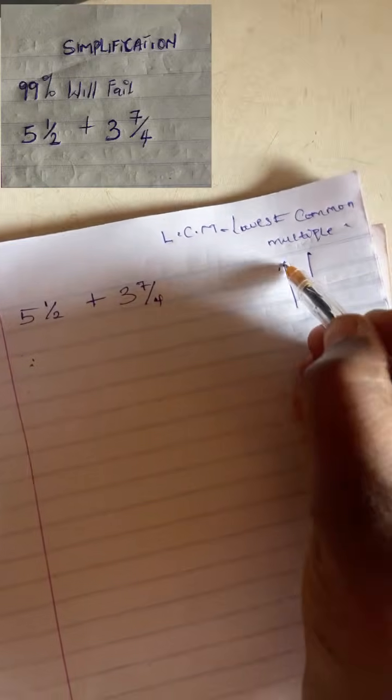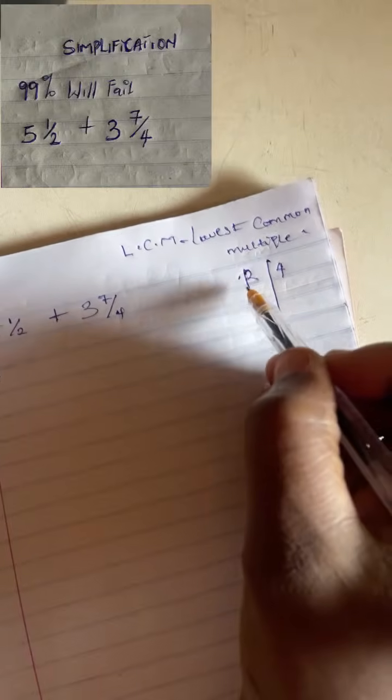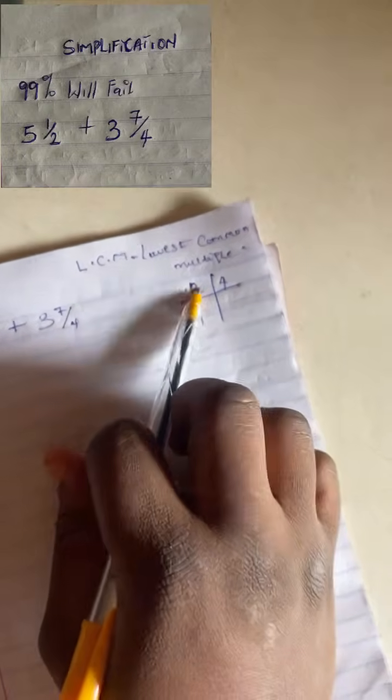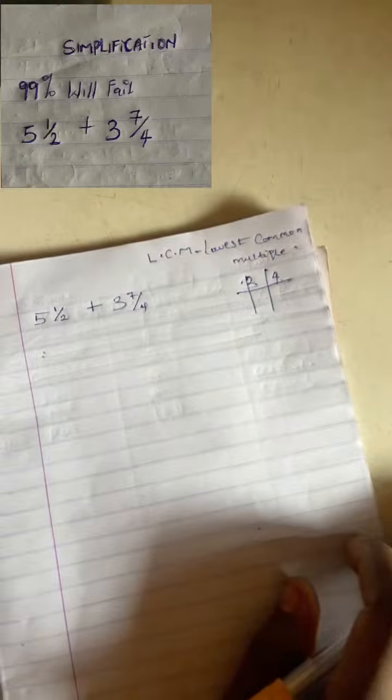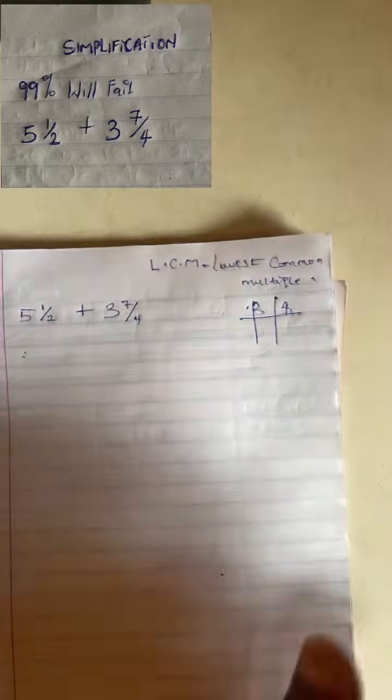For those that don't know how to find the LCM, we look for what can divide this and this with no remainder.